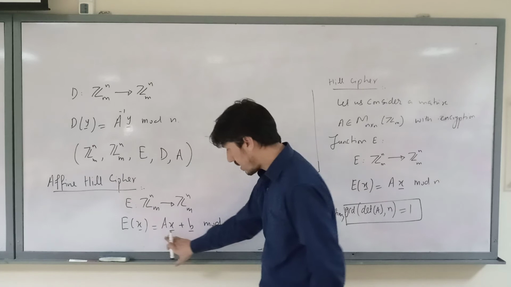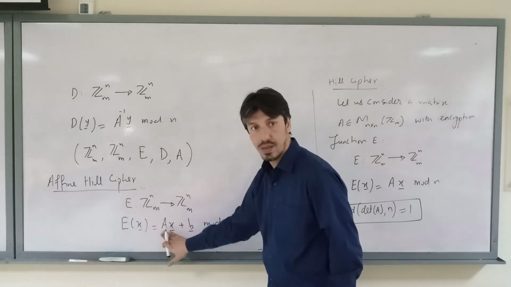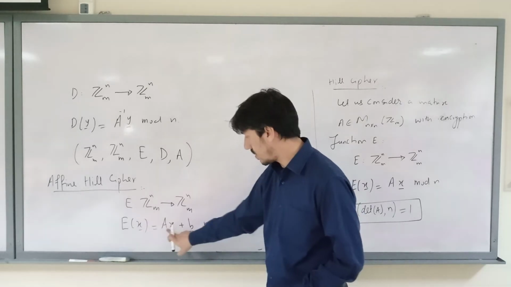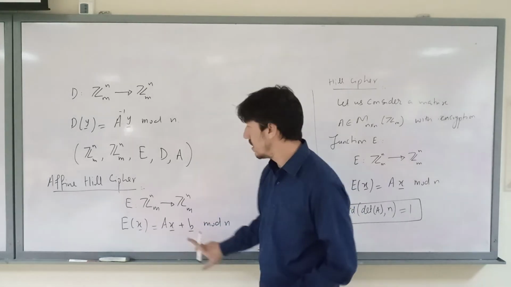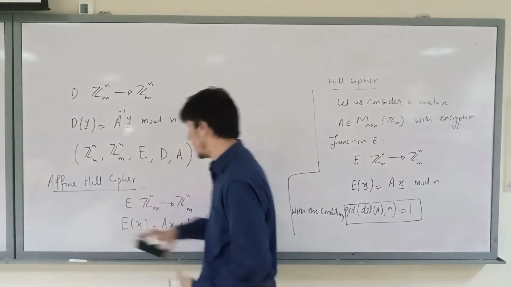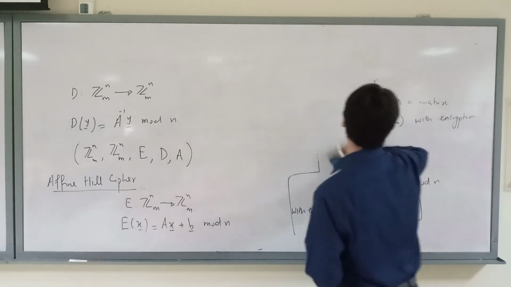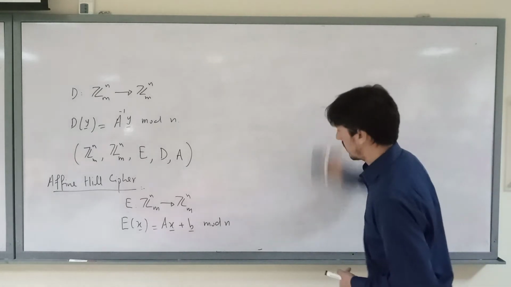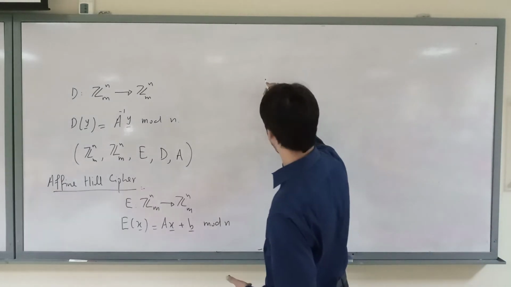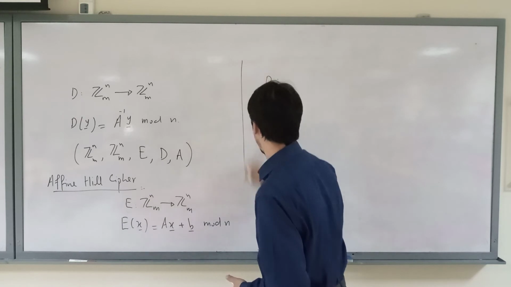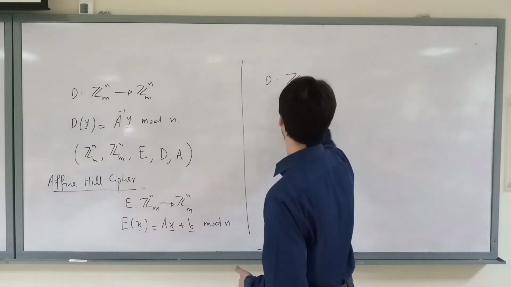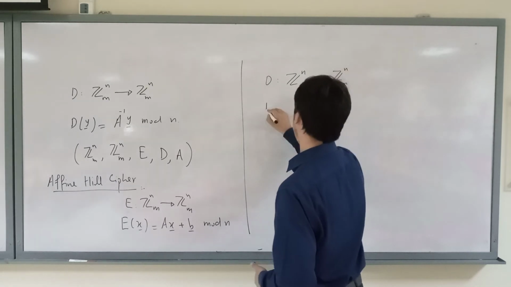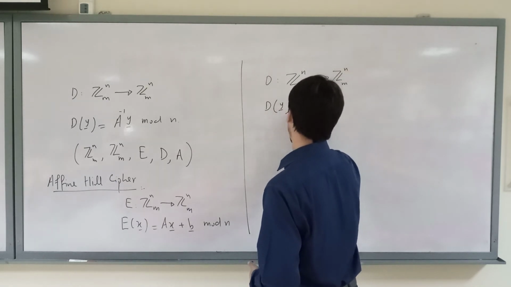Here you can see there are two security keys, two keys. One is A and the second is B. The decryption function is from ZMN to ZMN, and D is the decryption function.